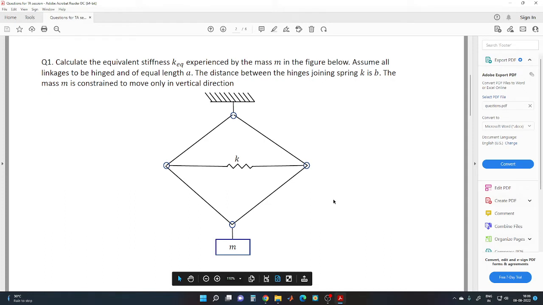Yes, sir. Okay. So this was the first question which was being discussed. In this case, we have this stiffness in the truss combination, and this is the connected lumped mass. If we pull this mass down, what is the equivalent stiffness experienced through this system if we have this value K?